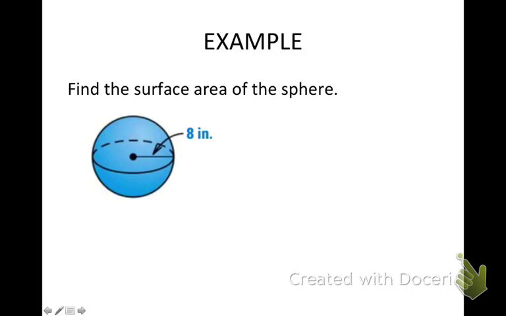All right, so for our first example, we're going to find the surface area of the provided sphere. So surface area is equal to 4 times pi times my radius, which in this case is 8 inches, squared.